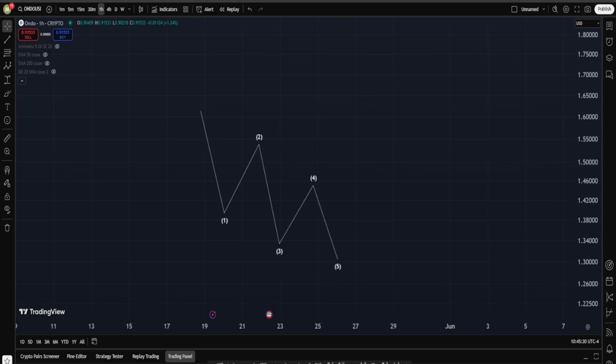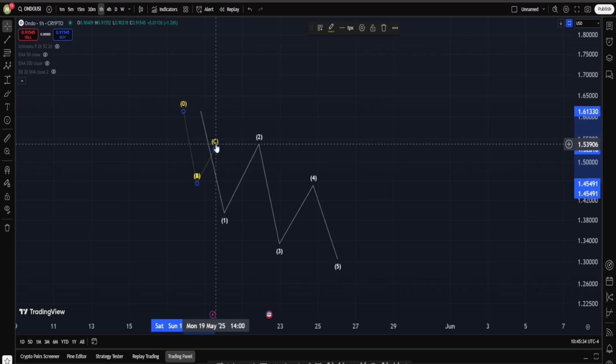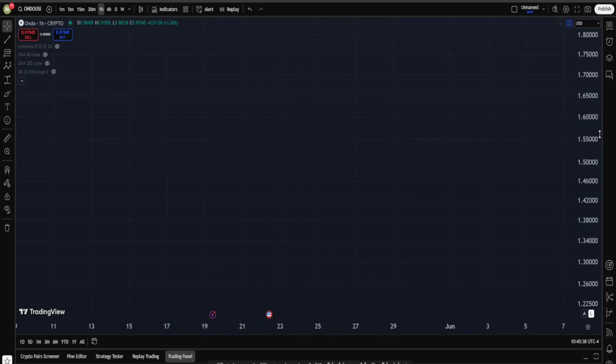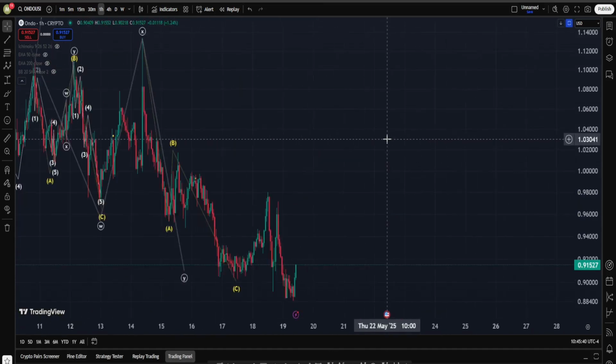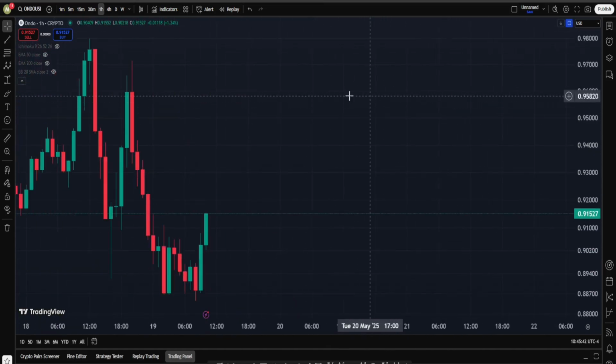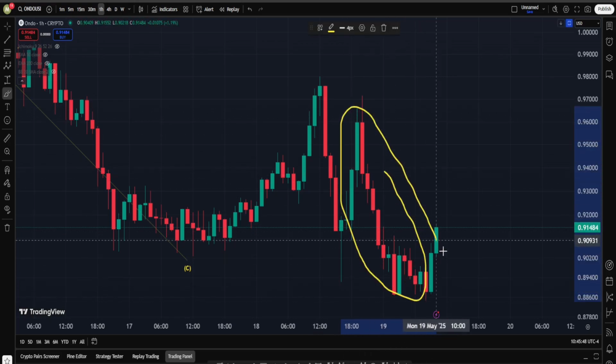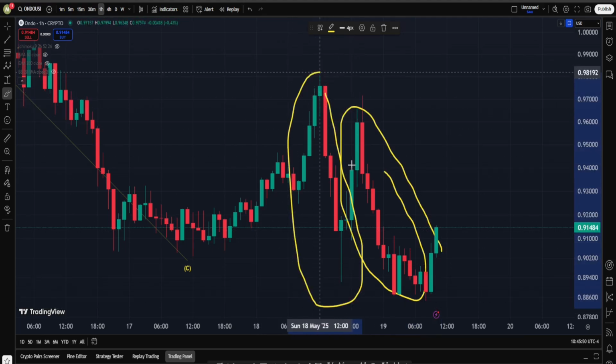In terms of the sub waves, basically, you need to find ABCs for every single wave. I'm not going to draw it and waste your time. You get the idea. Now let's go on the live chart and see what is happening. So here's the situation. By a very small margin, this move down is indeed smaller than this one.